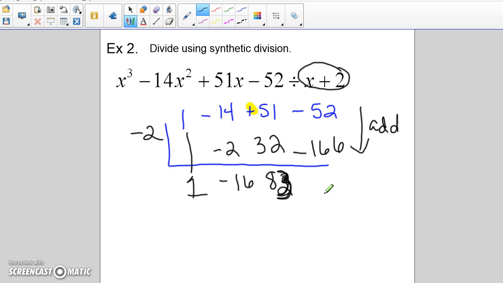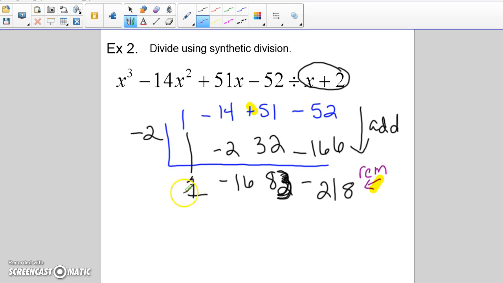Then I'm going to come through and add these two numbers. So I get negative 166 minus 52. I end up adding them to get a bigger negative. So I get a negative 218. So that's my remainder. My remainder is this negative 218.